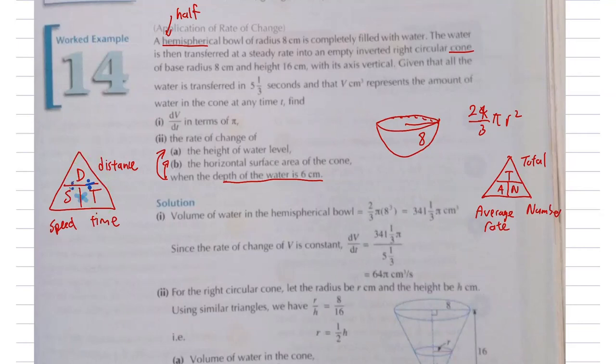Same idea here, but it's in terms of rate. So average rate, in this case, what do we want to find? dV by dt, that's really just the average rate, because rate of change of volume is a constant. How do you know it's a constant actually? Why?